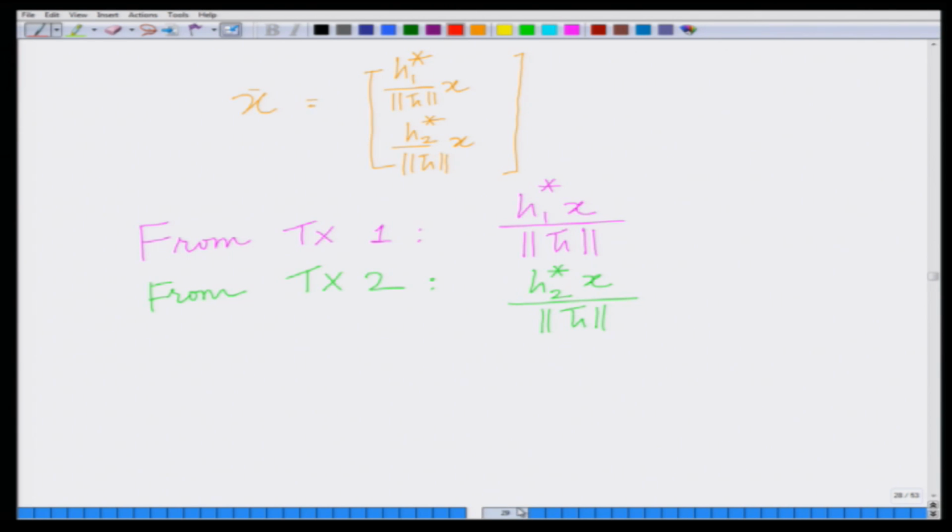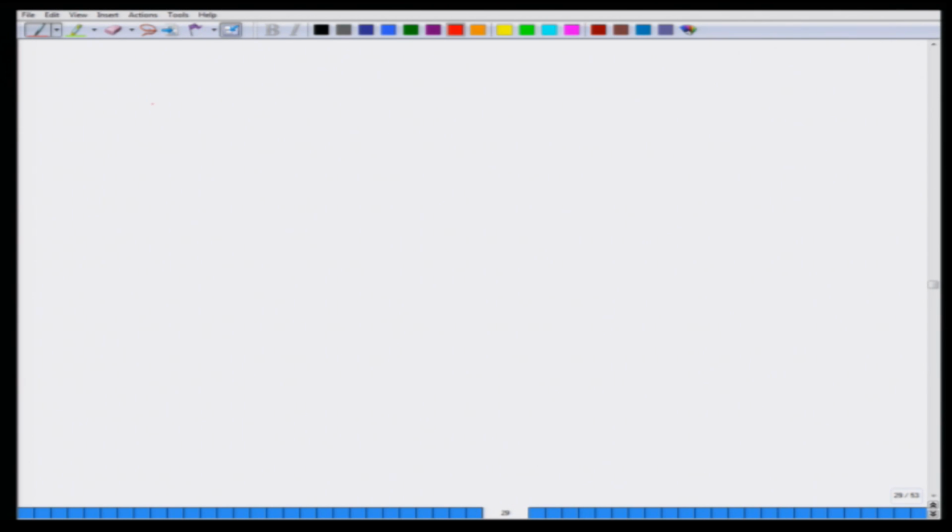And therefore, what we have at the receiver is y equals H1 H2 times H1 conjugate H2 conjugate, times 1 divided by norm H bar times x plus w.